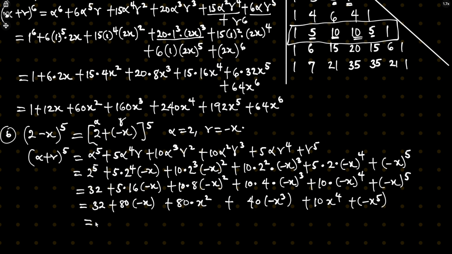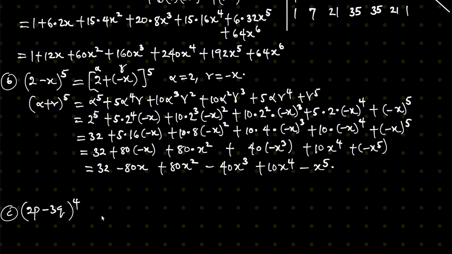Now this becomes 32 minus 80x plus 80x squared minus 40x to the power of 3 plus 10x to the power of 4 minus x to the power of 5. So that is that for the expansion.